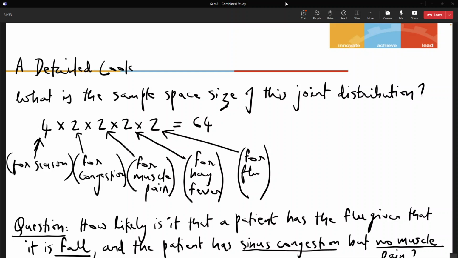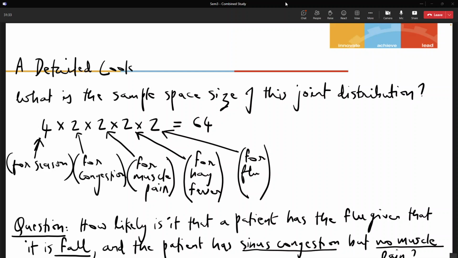Yeah, but flu and hay fever both are related to season. So how in one case are we reducing the two, and in the other case most of it? In the example, we had identified that hay fever is related to congestion, but not to muscle pain. So there will be one more into two. I thought this line also I took off.